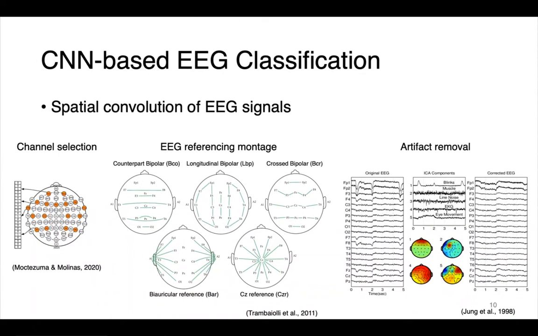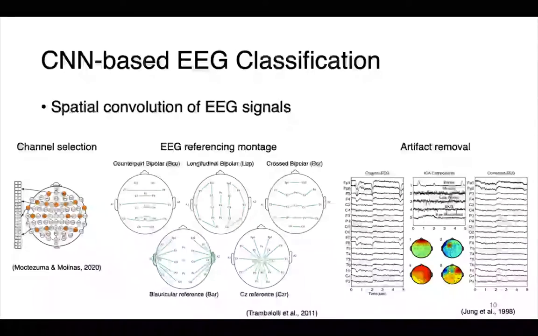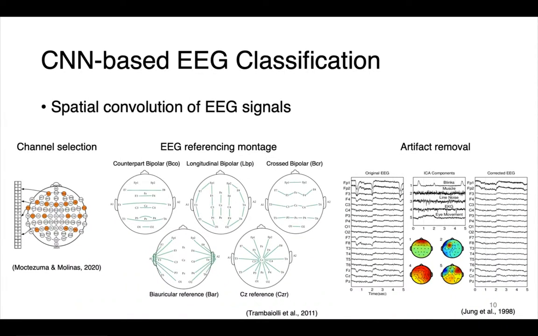Since then, people started to focus on neural networks again. At the time, EEG investigators also tried to use neural network models to do the classification.